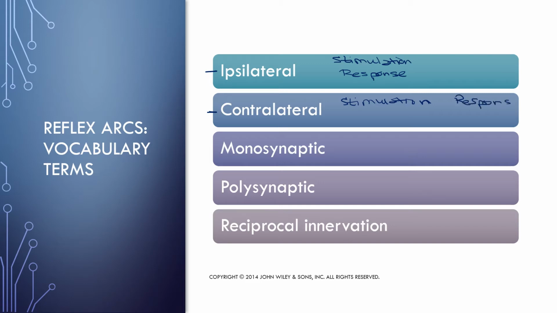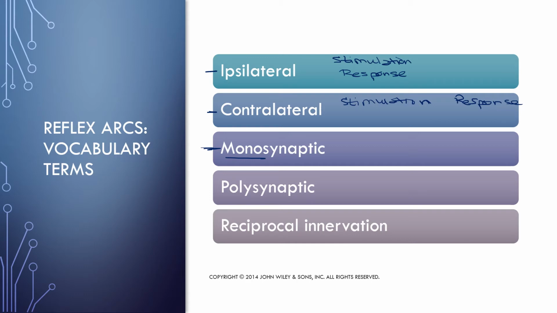This is contralateral. A monosynaptic reflex arc is the simplest form of reflex arc, and this is where the integrating center is actually the synapse between a single sensory neuron and a single motor neuron. So we just have one synapse, which is what monosynaptic means.